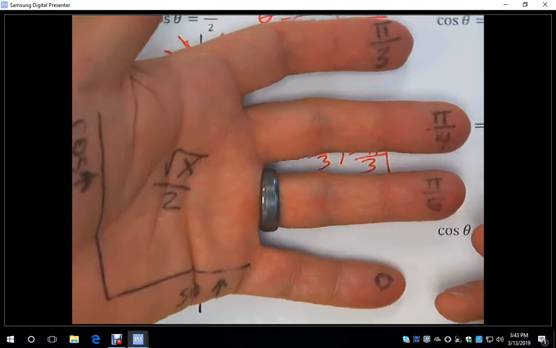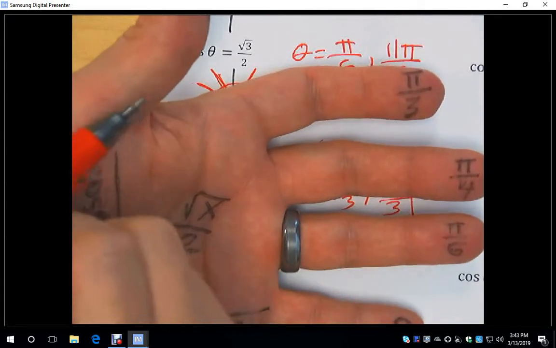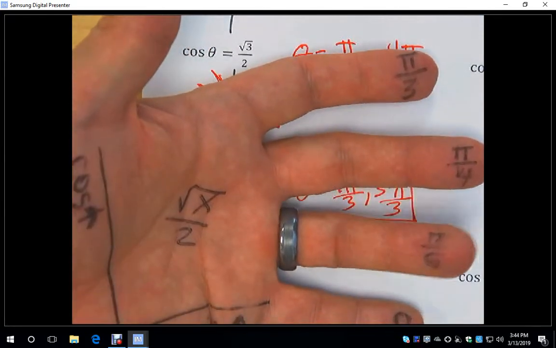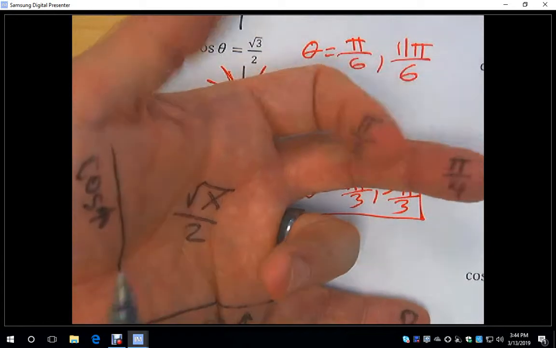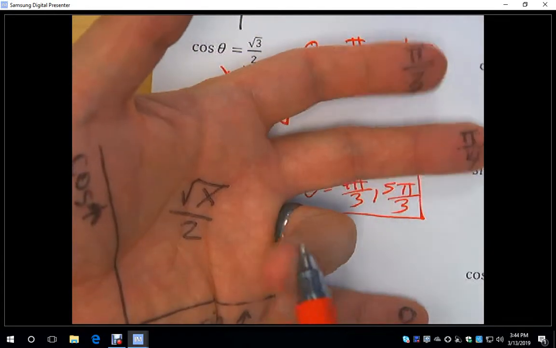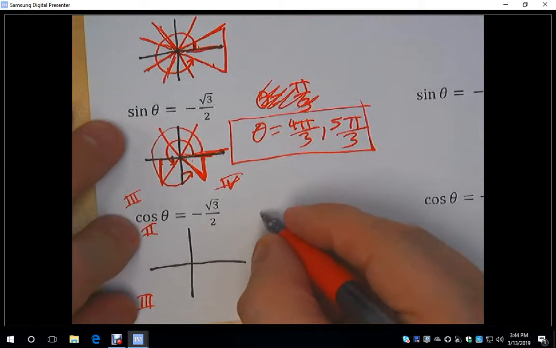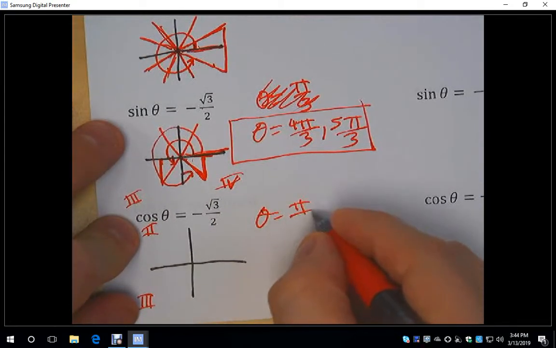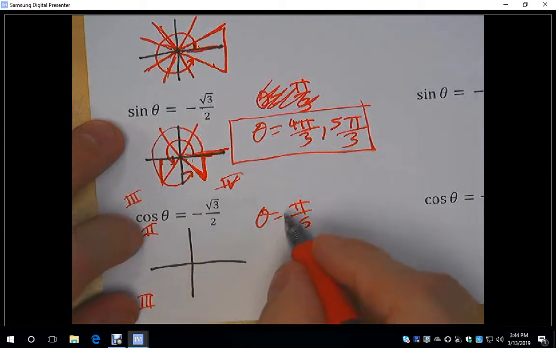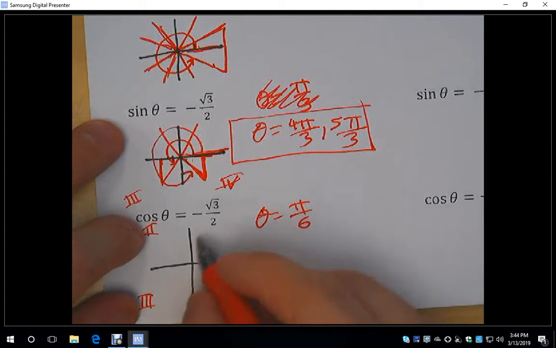We will reconstruct that. For cosine, from the thumb direction, I need to put down this finger. That gives me the square root of 3 over 2. I had to put down pi sixth, so theta equals pi 6, which isn't really true because it has to be negative. But let's go ahead and construct what this looks like.